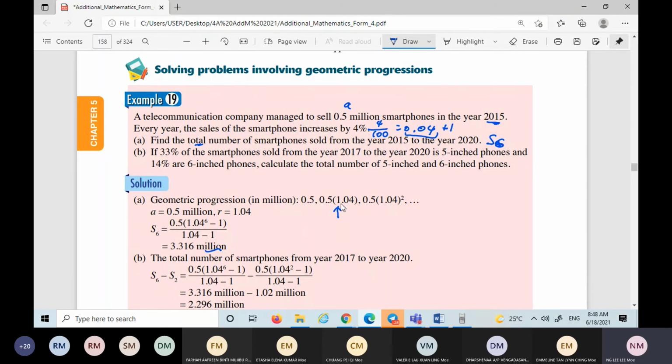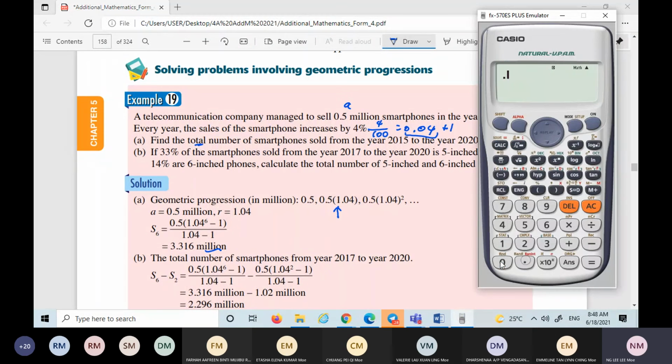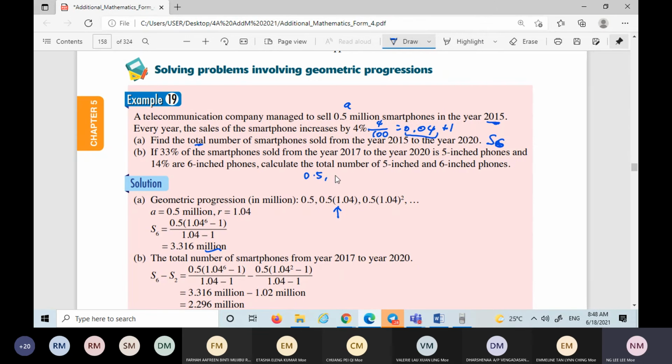Because it's increased, if you get 0.04 times 0.5, it's only 0.02. Means the first year is 0.5 million, the second year is 0.02 million, cannot be, because it says increase.